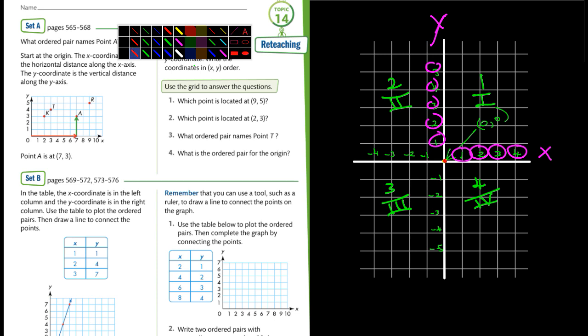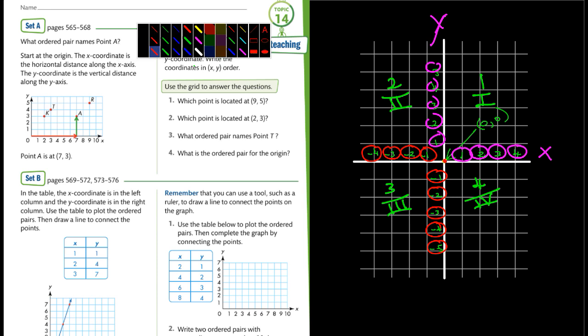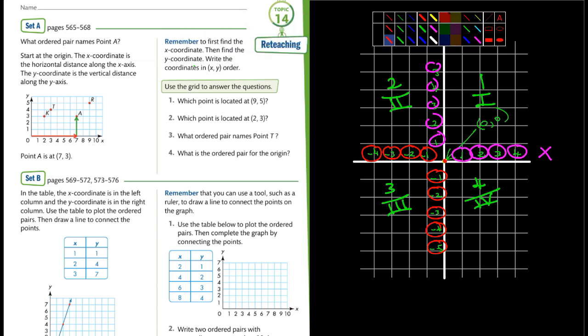So, for example, right here would be negative 1. This is negative 2, negative 3, negative 4. And then going down the y-axis, negative 1, negative 2, negative 3, negative 4, and so forth. So I just wanted to show you guys that. I don't think we're going to touch on it in 5th grade, but I don't mind putting you a little bit ahead of the curve here. So there you go.